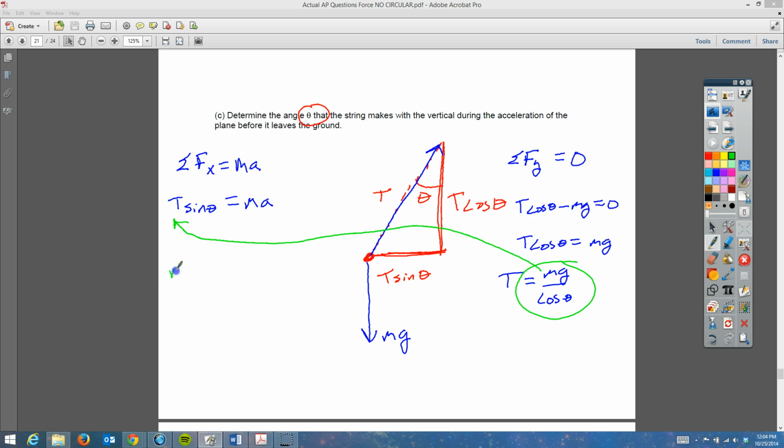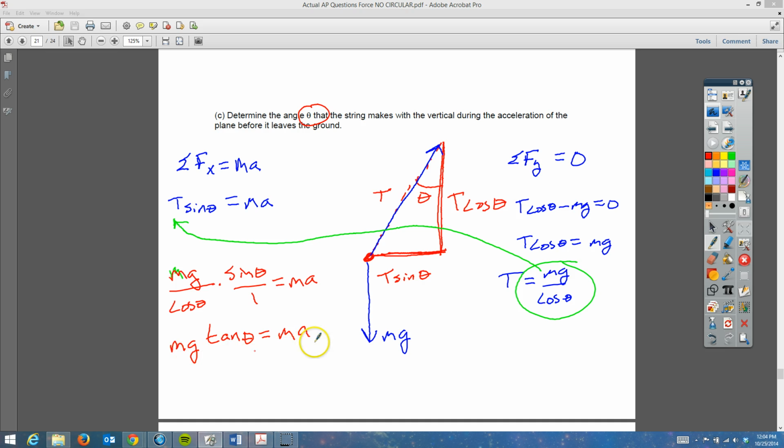So now we're going to have, switch it back over to red here, mg over the cosine of the angle times the sine of the angle over 1 is equal to mass times acceleration. That becomes mg times, so remember sine over cosine is tangent, mg tangent of the angle is equal to ma.